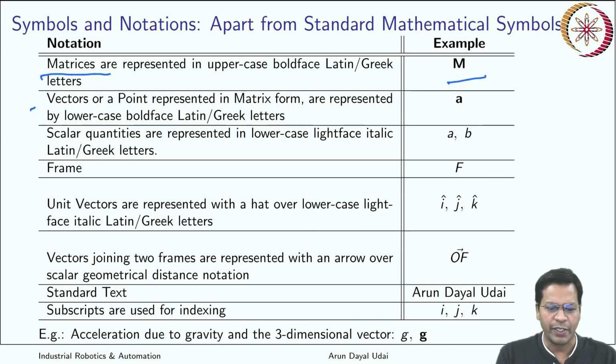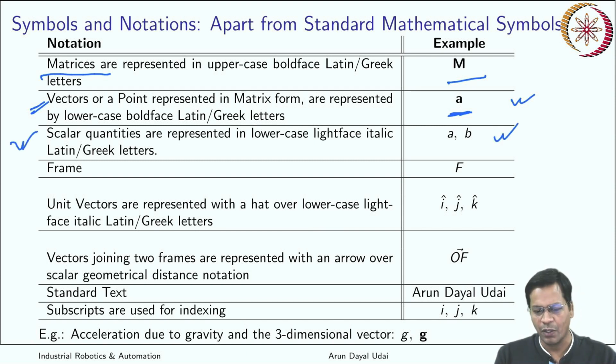Let us see that one. All the vectors, I will be using straight, bold, small letters, not italic. All the scalar quantities will be italic, not bold, lowercase, light faced.